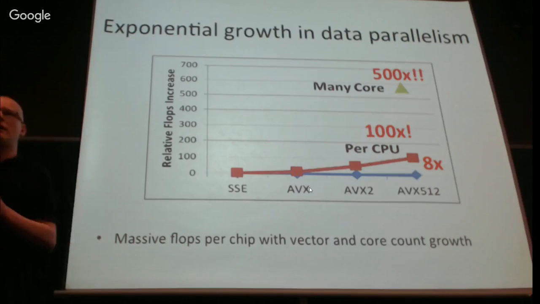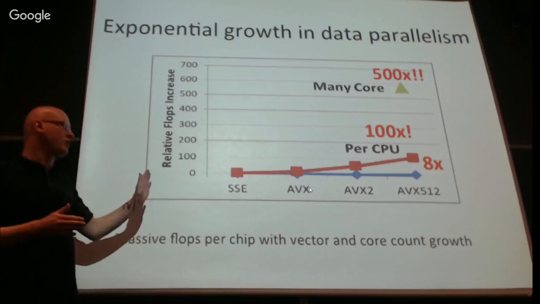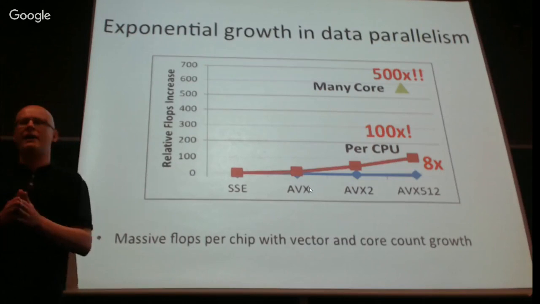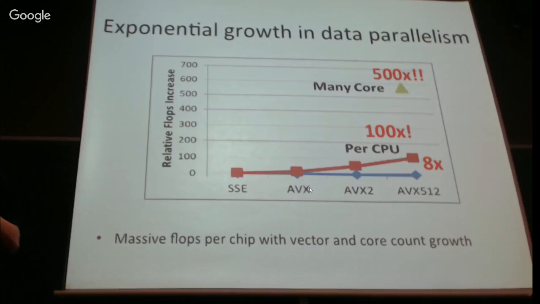So what that trend in instruction sets shows on the horizontal axis is effectively an increase in the width of vector units. So AVX and AVX2 are 256-bit vector units. AVX-512, as the name suggests, is a vector unit of 512 bits.